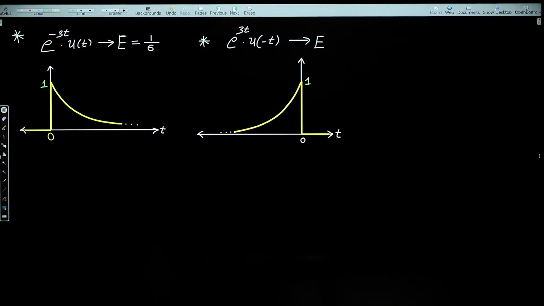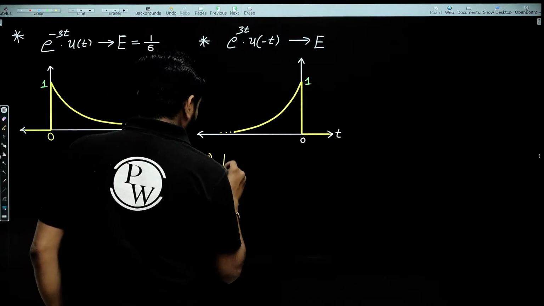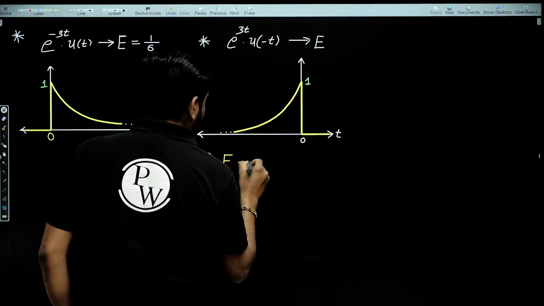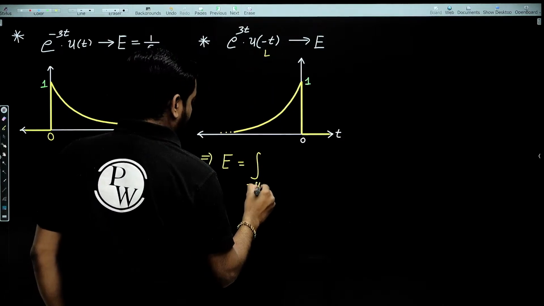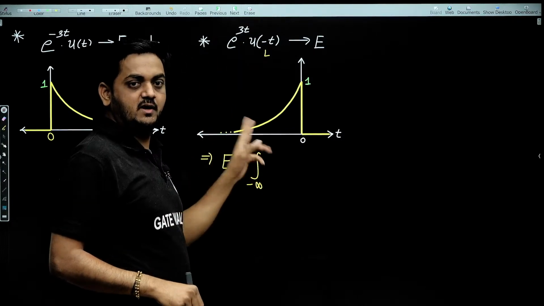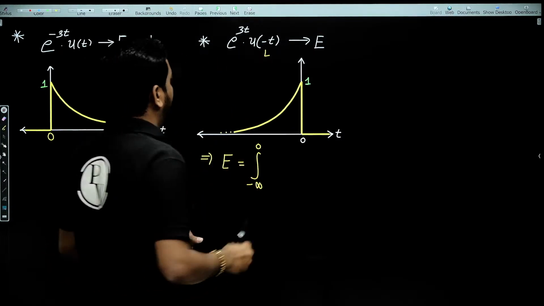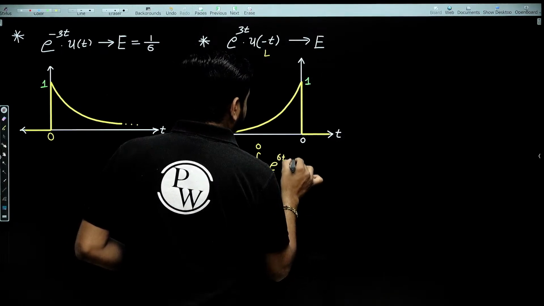Okay. So let us calculate energy of this signal and tell me energy of this signal. Now see, this is the left-sided signal. Left-sided signal, so integration limit can we say minus infinite to 0. Minus infinite to 0. Square of this, e power 6t dt, yes or no?